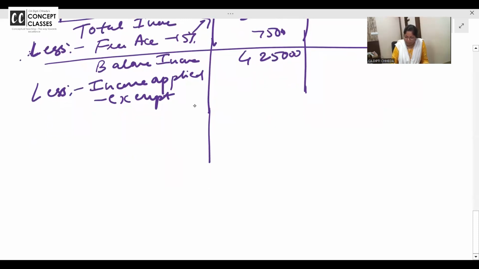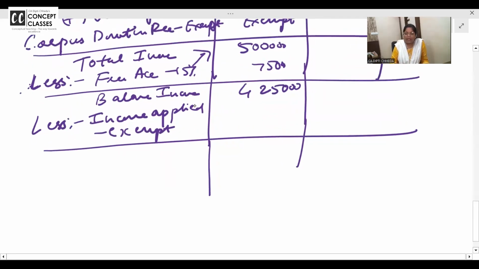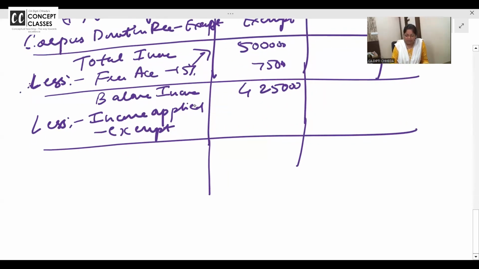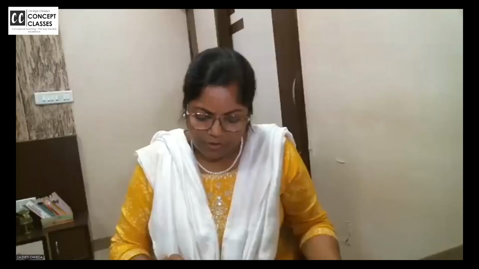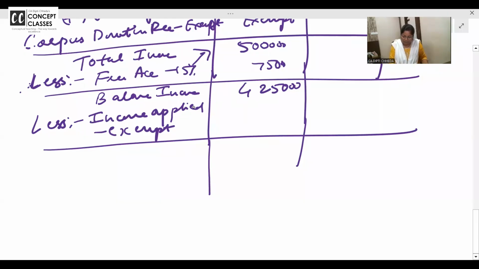85% इनकम आपको अप्लाई करना है और उसको एग्जेम्प्ट करना है. तो 85% कितना आ रहा है? आपने कितना अप्लाई किए? प्लीज चेक द प्रॉब्लम. If you're not having the problem, I will just share the screen so that quickly you can read. See, this one is the exempt and you have applied how much? 4,50,000 you have applied. So 4,50,000. Can you write full 4,50,000?